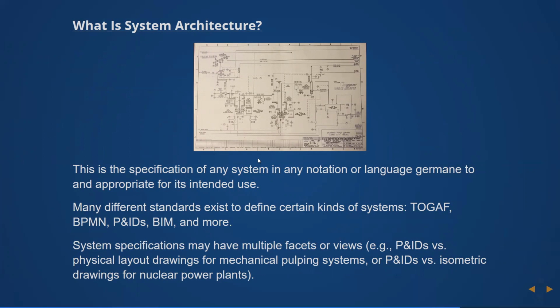System architecture is the last big practice area I want to compare to. It's the specification of any system using any appropriate notation or language. That is one kind of description of a paper mill.